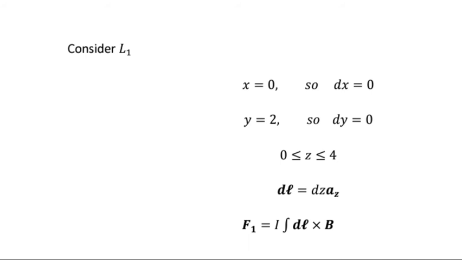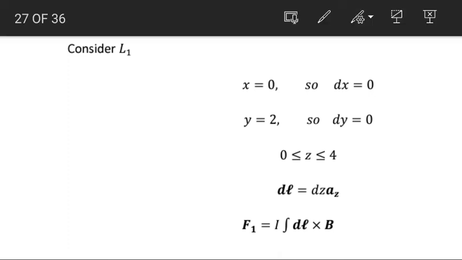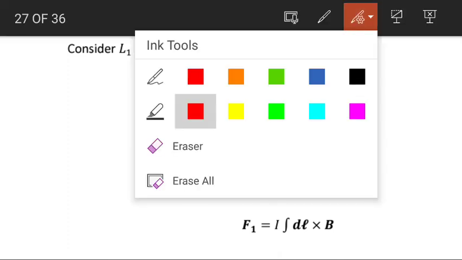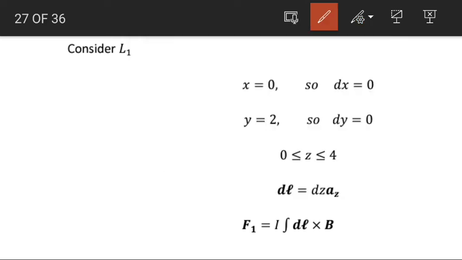Y is 2, so dy will be 0. Only z is changing from 0 to 4. As only z is changing, the differential length vector will be equal to dz az, because only z is changing.